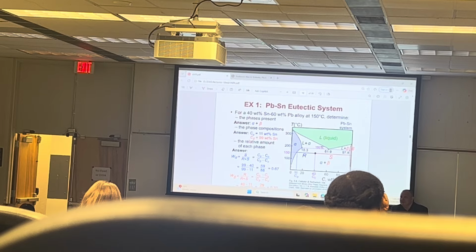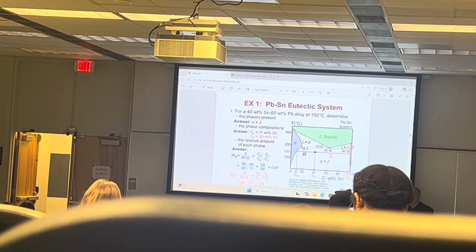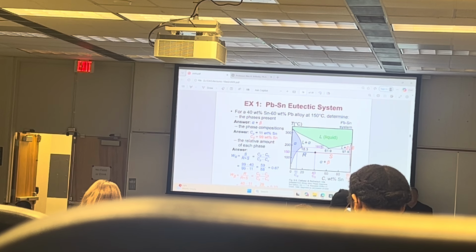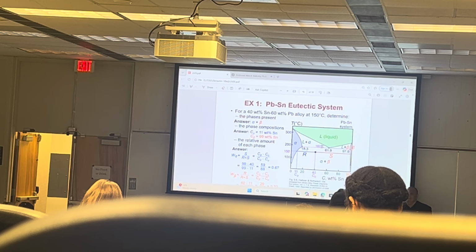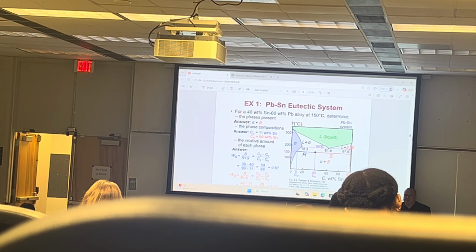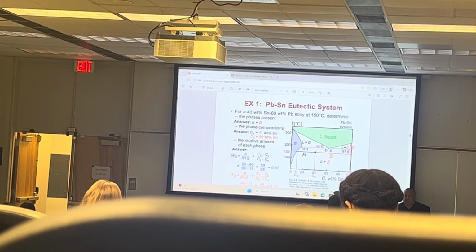You see it here? It's 183 degrees. So here's the material science alchemy. You take component 1, which is tin. You take component 2, which is lead, and you melt them together. And that alloy melts at a lower temperature than each component separately.